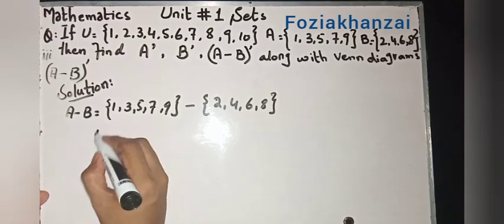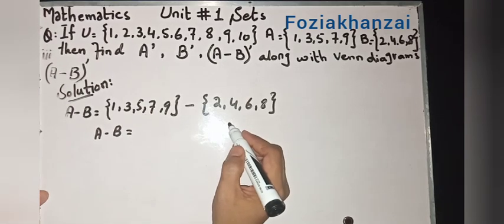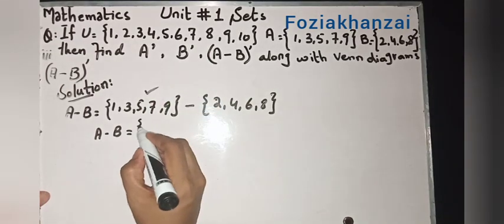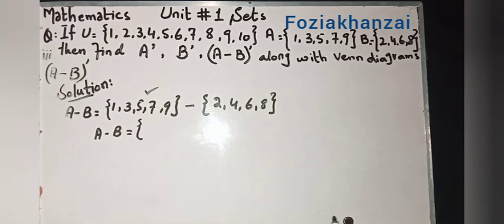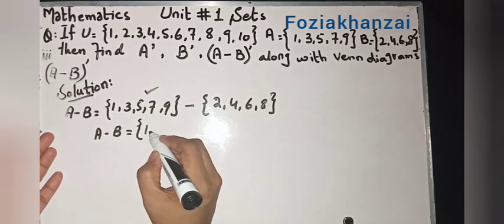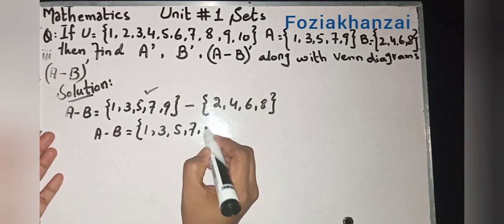The method of A difference B: cut the same elements, remaining elements of set A, the first set, would be the answer. So there is no common element in both sets, different elements, it means it's a disjoint set. Remaining elements of set A would be the answer of A difference B: 1, 3, 5, 7, 9.